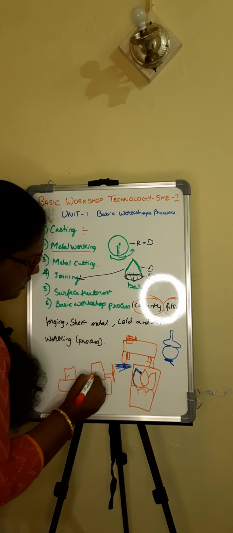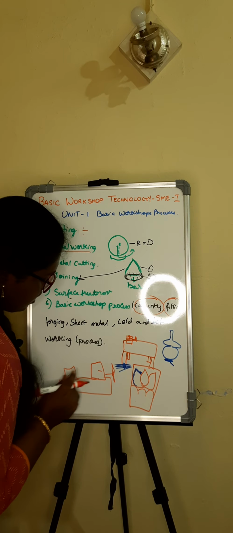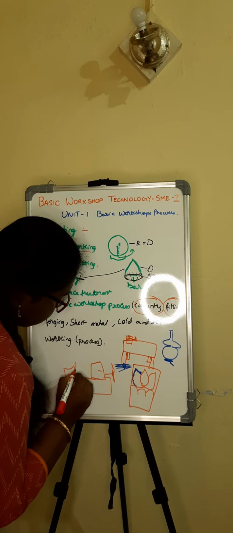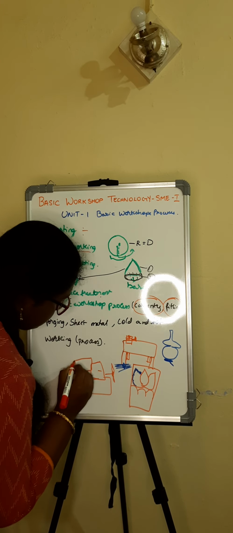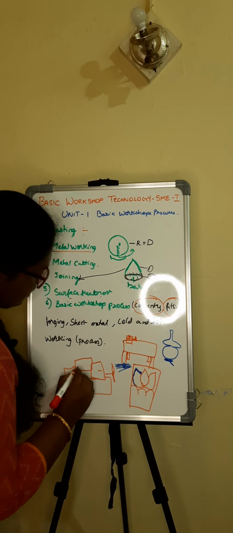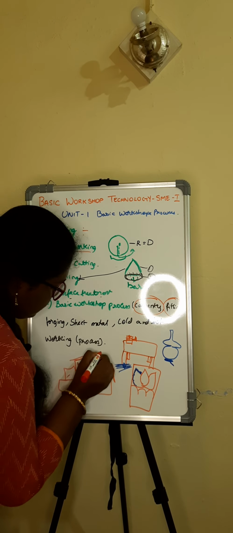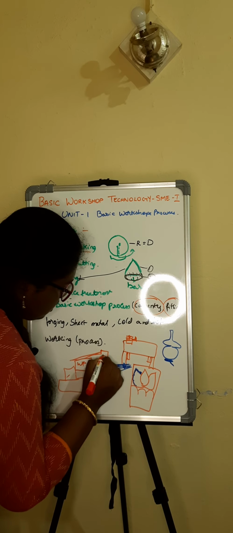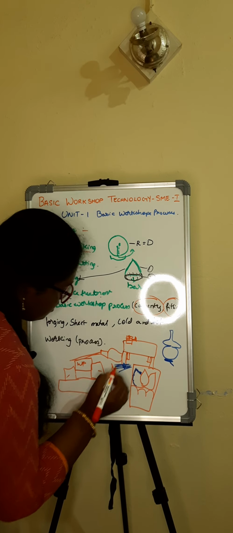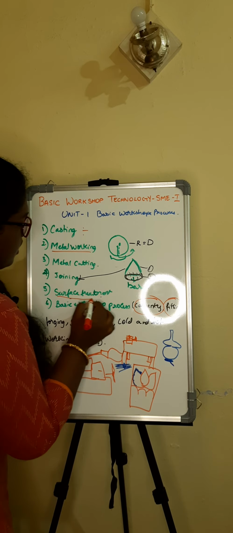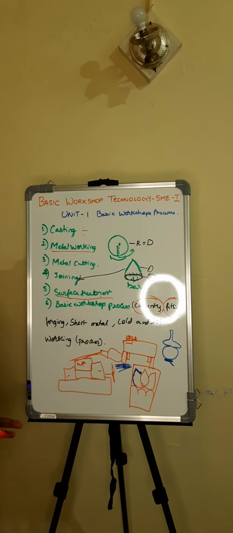One is fixed and one is movable, because it should move according to your metal or any size of things. So if this is going to be your metal workpiece, here you are going to file it with a file. You are going to file over here for the smooth surface. This is nothing but smooth treatment.